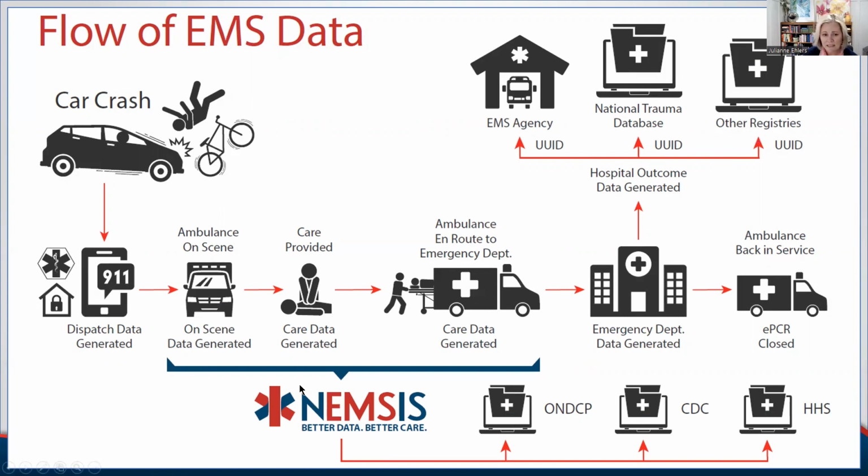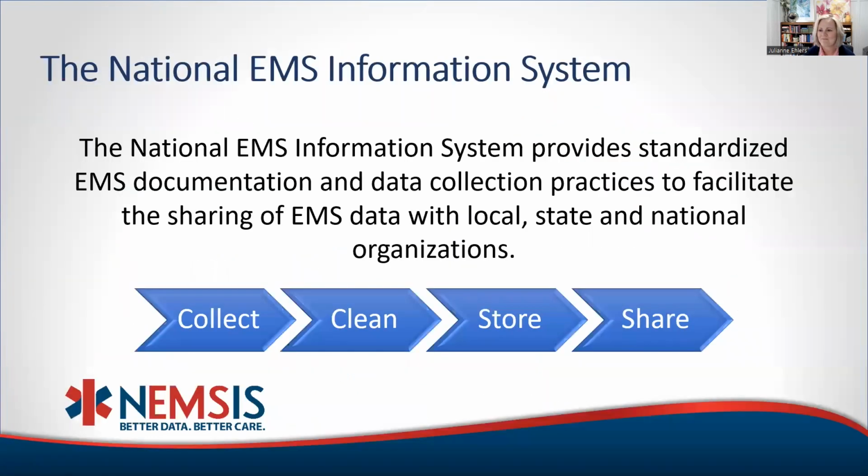And then as it gets submitted to the National EMS Repository, that is also shared with federal and national agencies like the Office of National Drug Control Policy, ONDCP, the CDC, HHS, DHS. We work with a lot of federal partners in helping them understand that pre-hospital medical care part of the healthcare continuum.